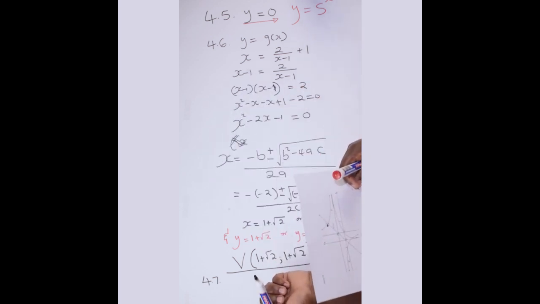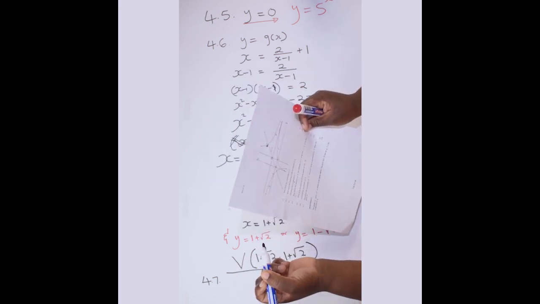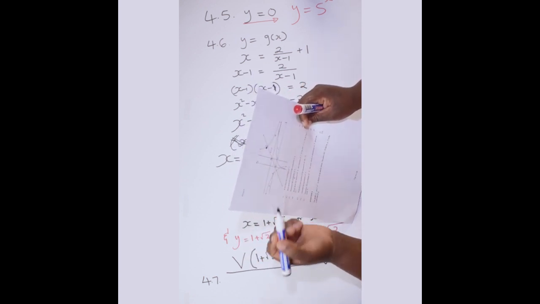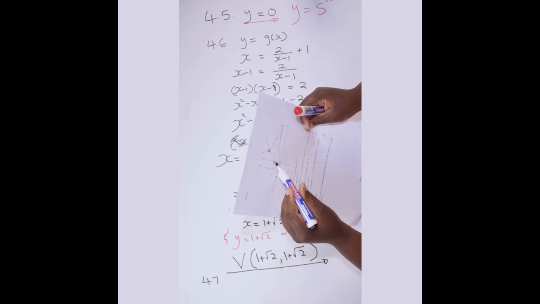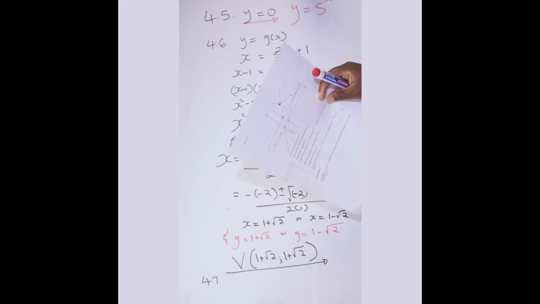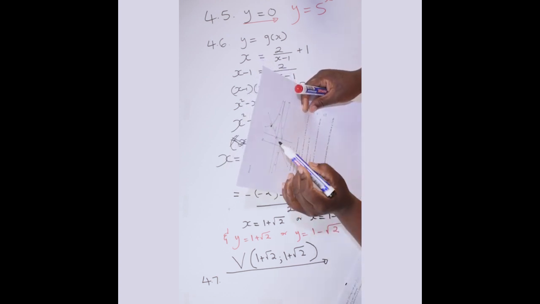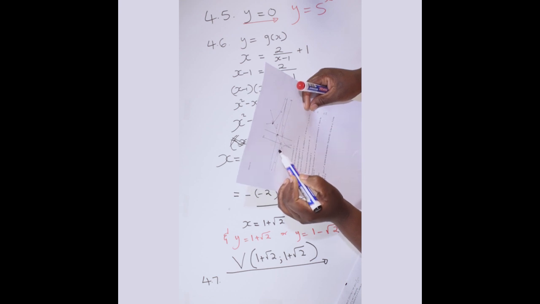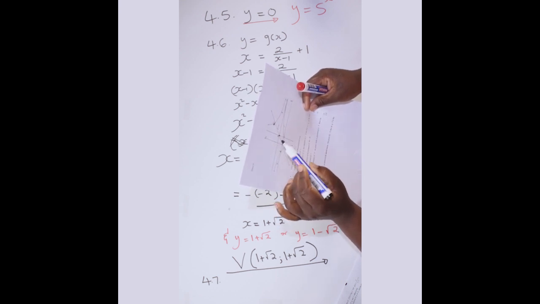Now, what did we say T was? We said point T was (-1; 0). And point R is the intersection of the asymptotes, which is (1; 1). So we are at 1 and 1. Going to -1, how do we move from there to go there?